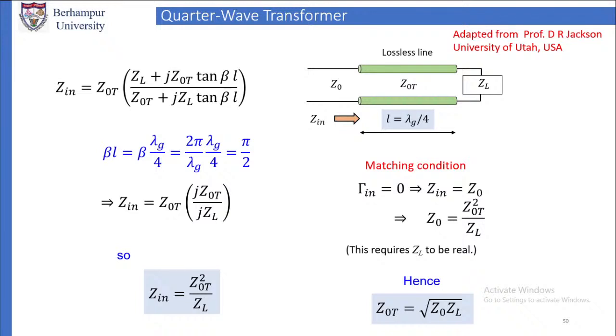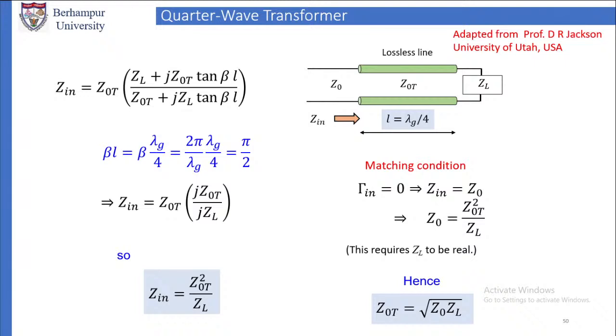Exactly at that junction the impedance is called the input impedance, because you are inputting power from the transmission line with characteristic impedance Z0 to the transmission line with characteristic impedance Z0T. You are giving power input to the second transmission line. Therefore, it is called input impedance.